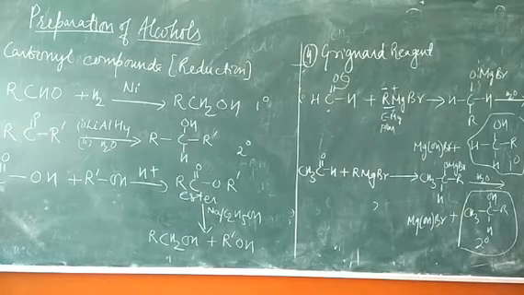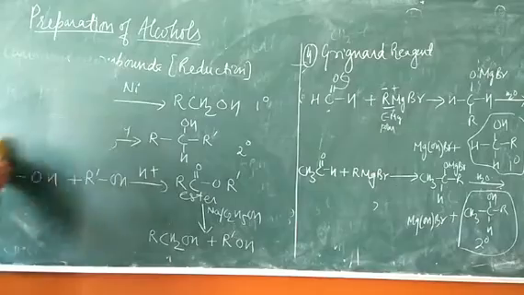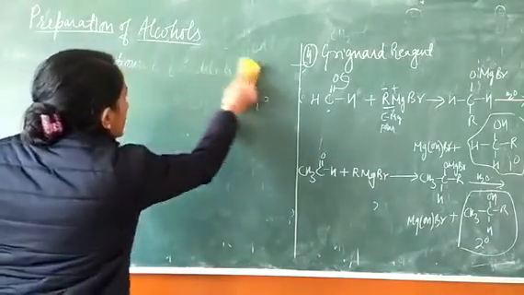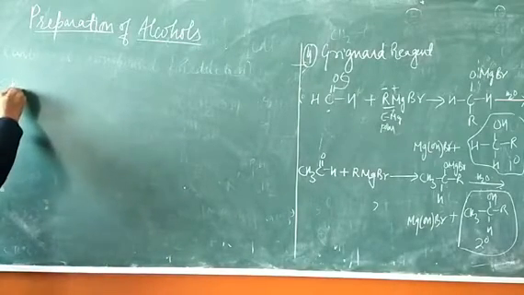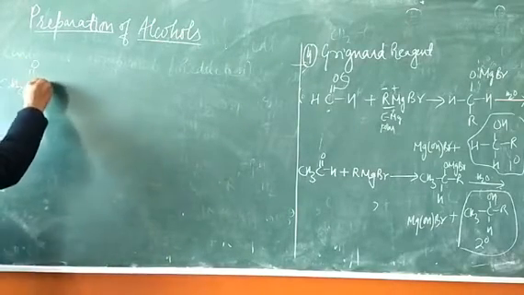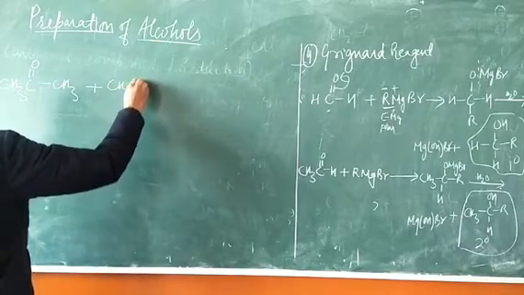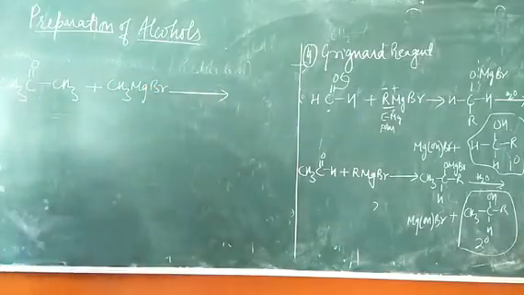Now if we take a ketone and react it with the Grignard reagent, let us take the ketone CH3COCH3 and CH3MgBr. What is going to be the product here?